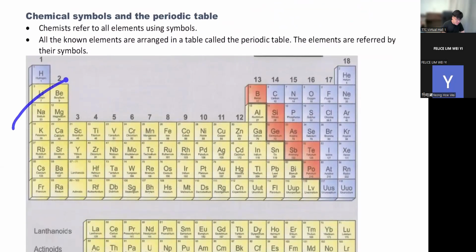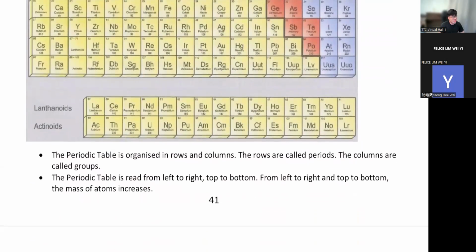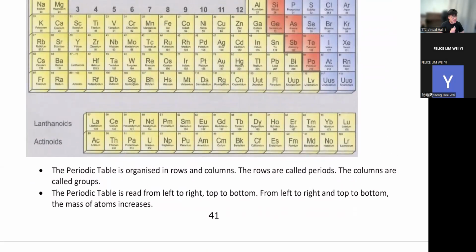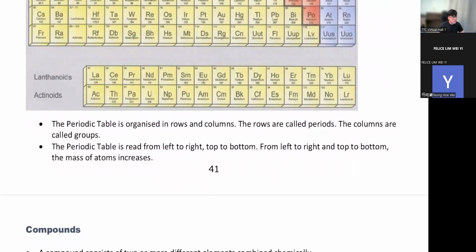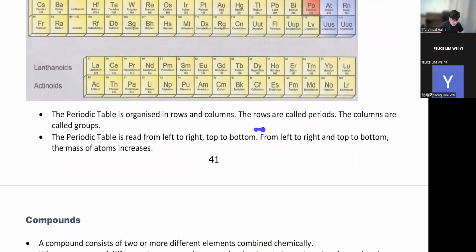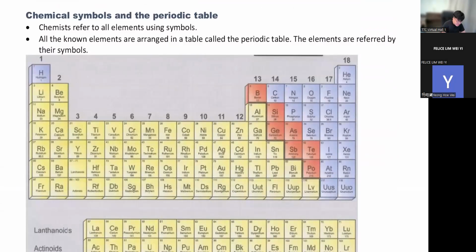So this is your periodic table. We put all our 118 elements into this periodic table. You don't need to memorize this. You just need to know how to look at it. First of all, we have rows. We call it period. And then coming down is your group. Can you see 1 to 18 here?